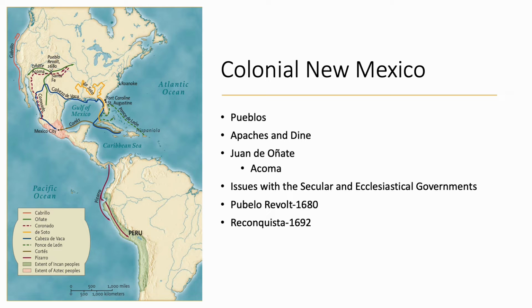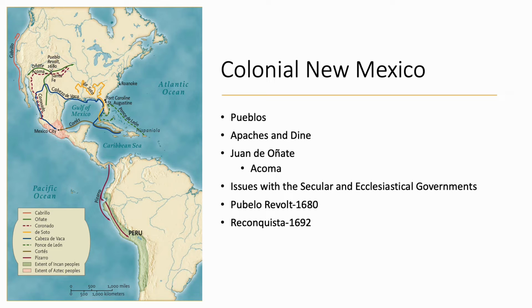Eventually, he will go to the king himself in Spain and receive a pardon, but his reputation never fully recovered. Even after the Oñate governorship, you do have a very contentious rivalry between two forms of government. Remember, in most parts of New Spain, you have two distinct branches of government. The secular, which is of course the governor, the local civil officials, mayors, whatever, and then the ecclesiastical government, which is basically the church.